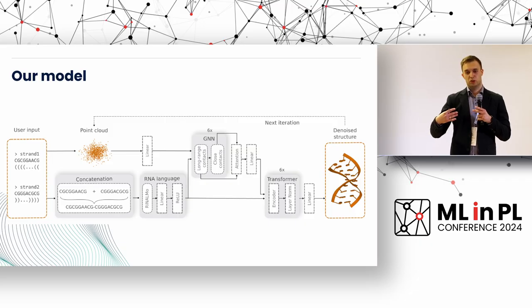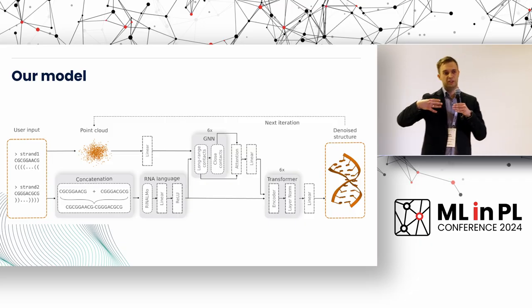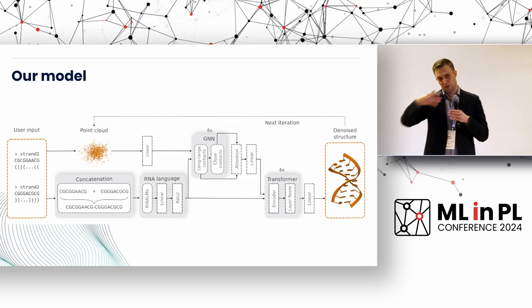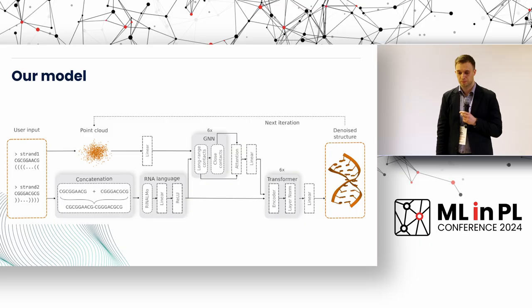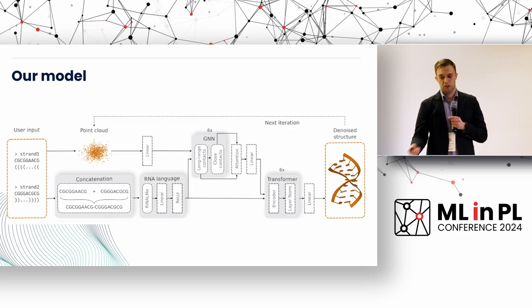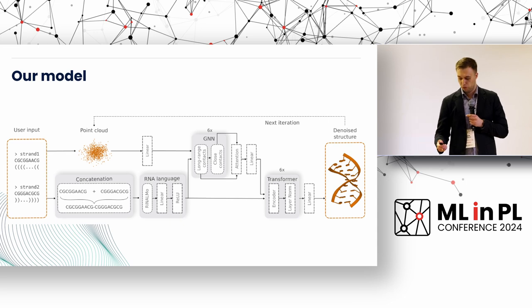Dot bracket notation means which nucleotides should create a canonical base pair. This is something I presented on the very first slide. Then we have other components like graph neural network, RNA language model, and transformer. I will explain those components in a while.